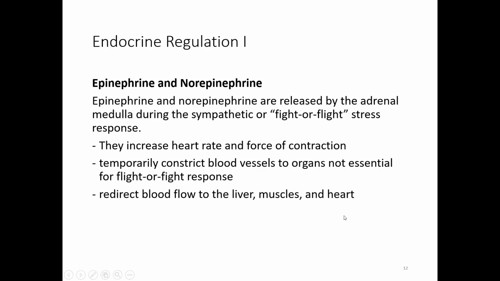Heart starts pumping faster, increasing blood pressure to carry oxygen from the lungs to the muscles, and skeletal muscles for that fight or flight response. Those are organs that should be activated, and those are organs that received most of the blood during fight or flight response. So that mechanism is provided by epinephrine and norepinephrine.